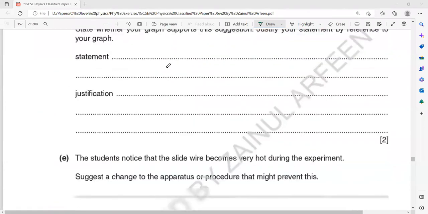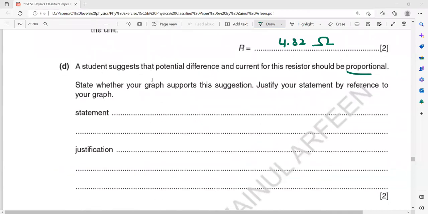Whenever two quantities are directly proportional, the main condition is that it starts from origin. Even if it's a straight line, if it does not start from origin, we don't say they are directly proportional.